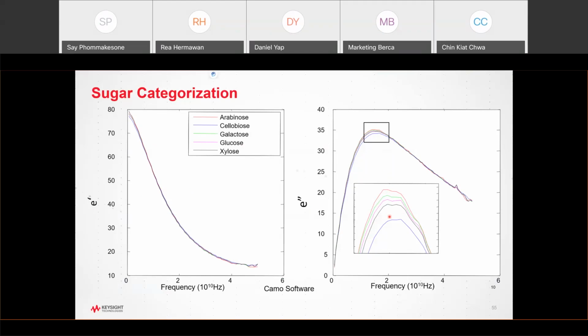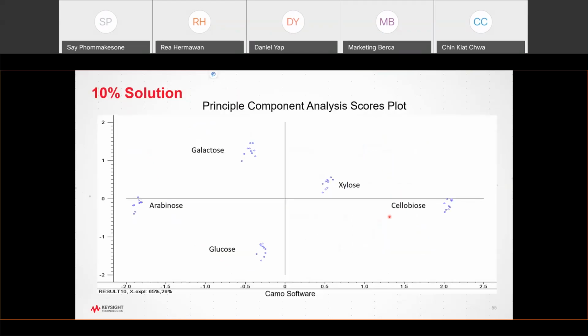With that difference in the imaginary part, they used some software, Chemo software, which I think people with a chemistry background know. Basically, this software does processing and analytics, taking this content and correlating between different results.